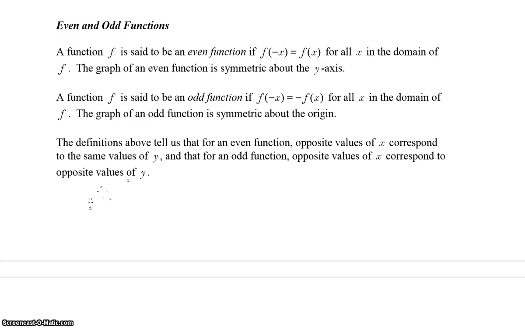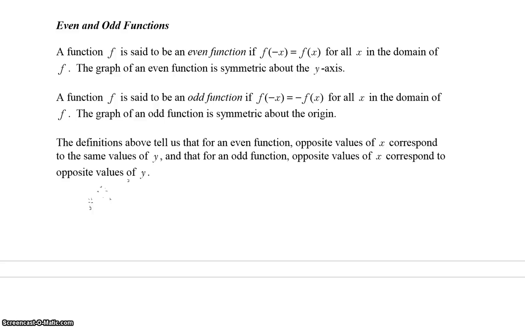We now continue with the topic of even and odd functions. Let's read the definitions, and then I'll try to explain what they mean using the examples that will appear on the next page of the notes.